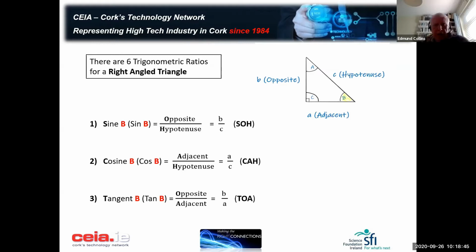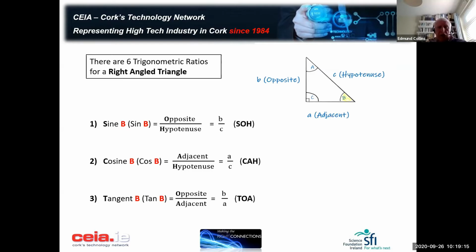So in the case of sine, it's opposite over the hypotenuse, so it's b over c, and we can use a little memory jogger here. So we call this SOH CAH TOA, which is one way of remembering this to help you. So SOH, the sine is the opposite over the hypotenuse.